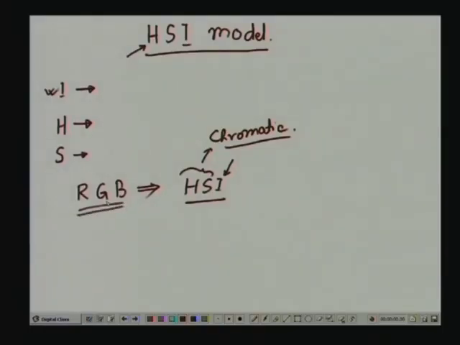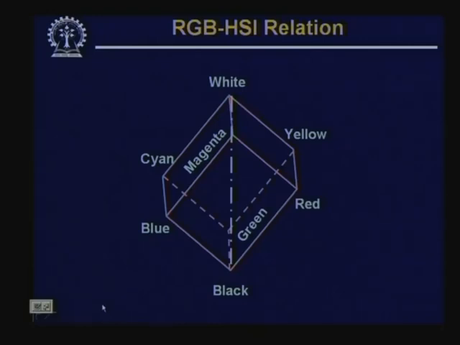Now, let us see how we can convert a color specified in RGB space to a color in the HSI space. In order to do this, we can reorient the RGB cube, the RGB space, in such a way that the black point, or the origin of the RGB cube, is kept at the bottom and the white comes directly above it, as shown here.